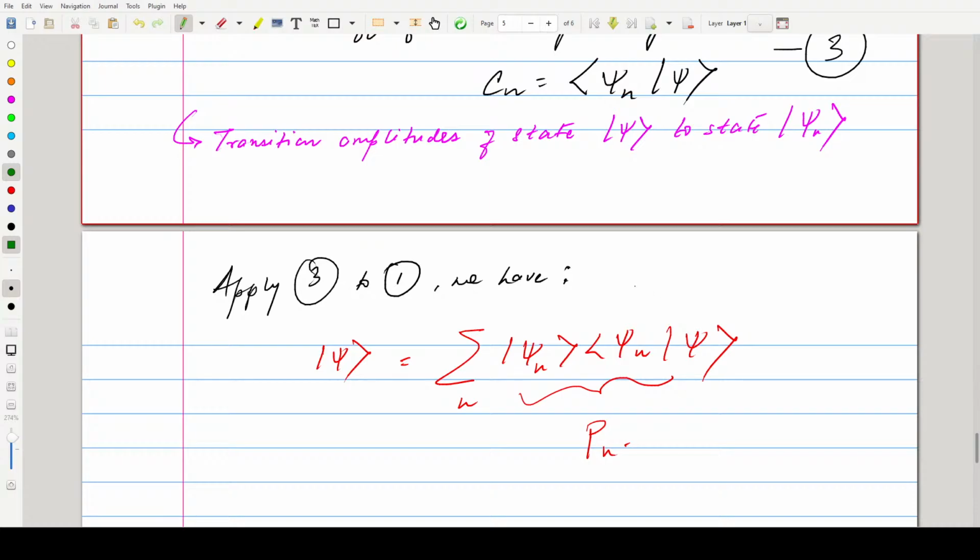So along the vector psi n, we are measuring the projection of psi onto psi n. So this is essentially our projection operator. Okay, does any of this make sense?